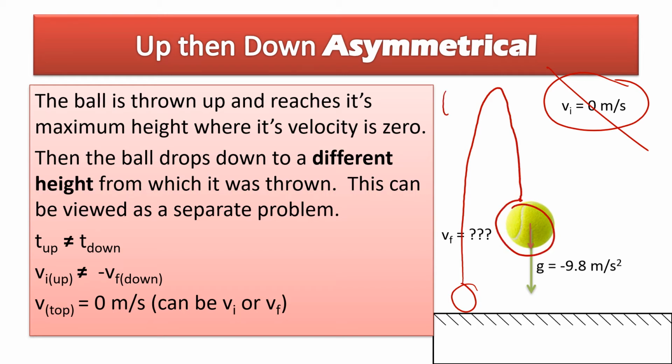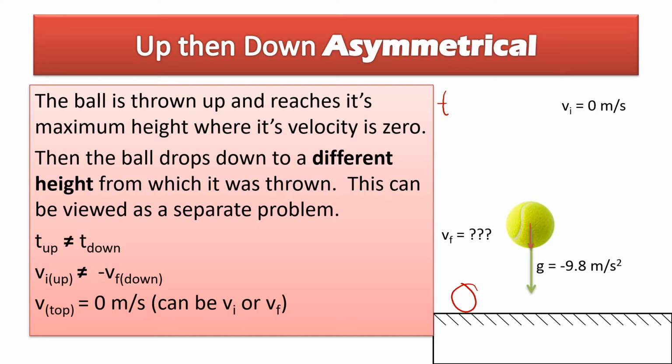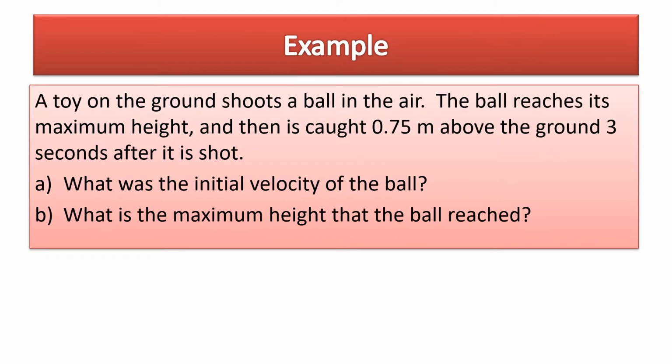If we want to look at the total time, for example, we wouldn't necessarily care what the velocity was at the top. So there's a couple different ways to tackle these problems, and you kind of have to be a savvy physics student and do some critical thinking. It's not going to be the same thing every time. So that's going to be some fun problems.